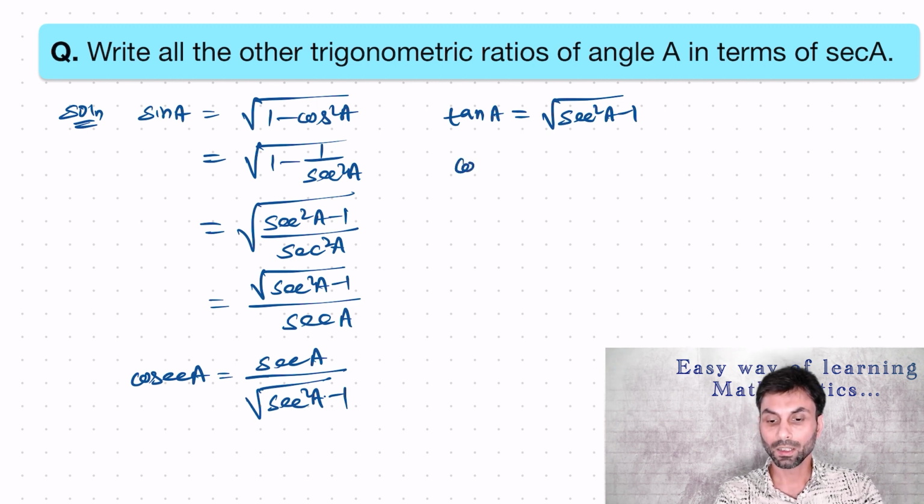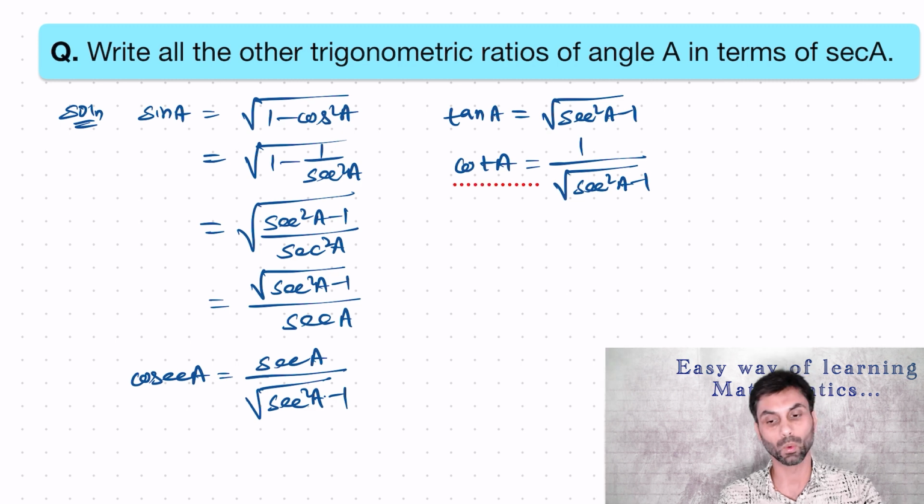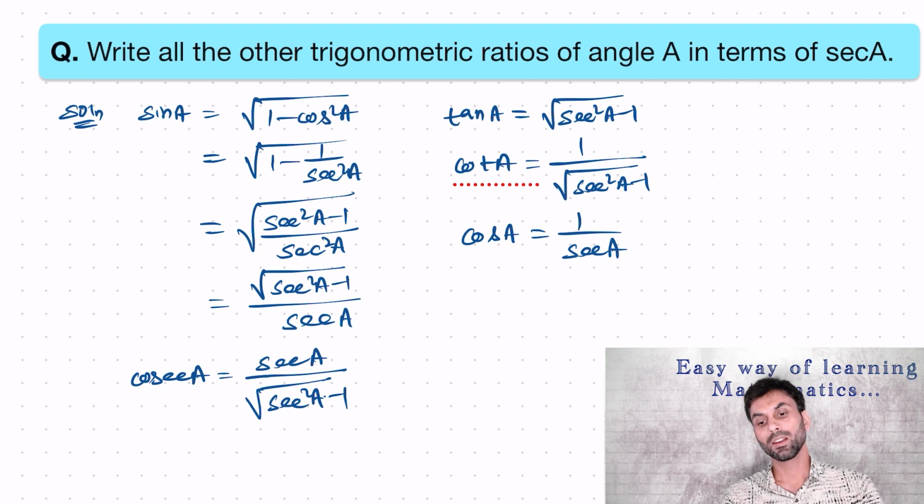And then the value of cot A, as it is a reciprocal of tan A, we can write 1 upon square root of sec square A minus 1. Following which, if I have to find cos A, which is the reciprocal of sec A, we can write cos A is 1 upon sec A. And this is how we are going to write all the other trigonometric ratios in terms of sec A.